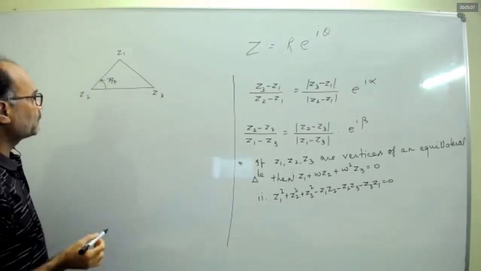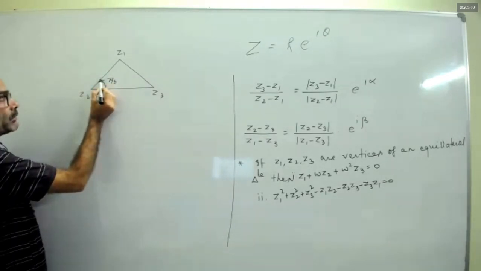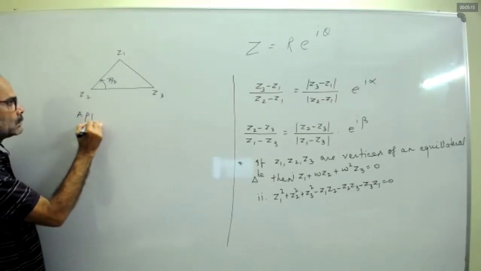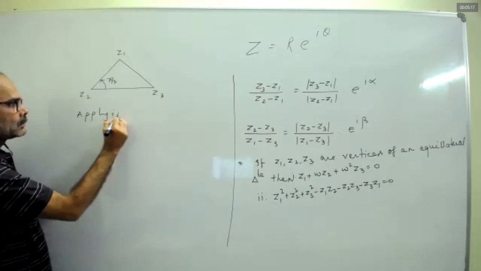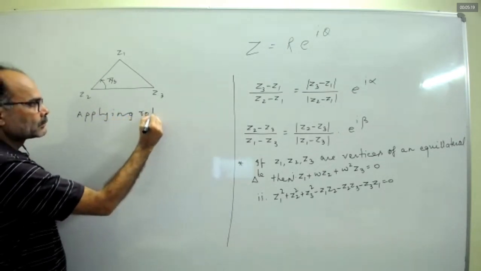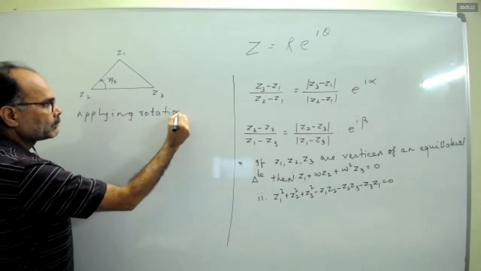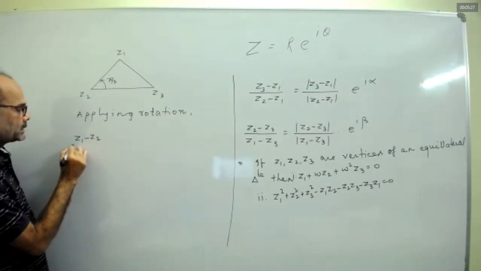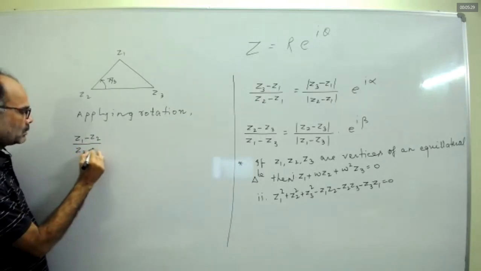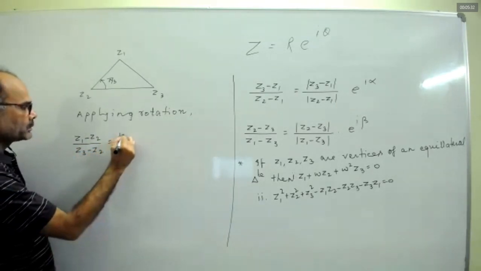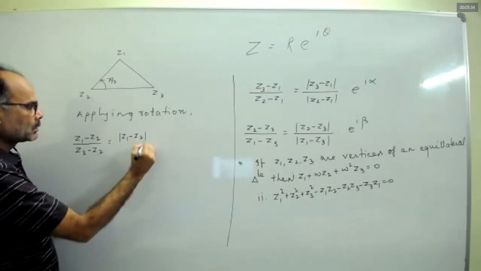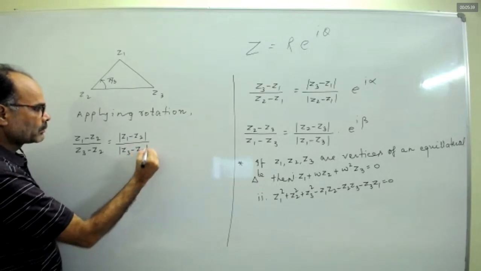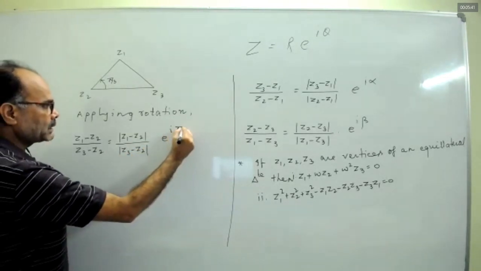This is the final vector, this is the initial vector. So applying rotation, we have Z1 minus Z2 by Z3 minus Z2 equals mod of Z1 minus Z2 by mod of Z3 minus Z2 into e to the power i pi by 3.